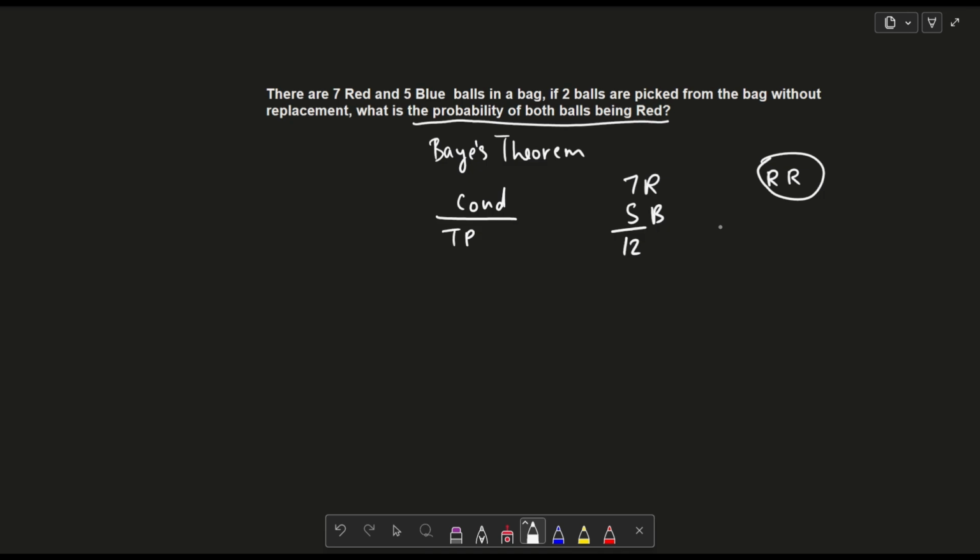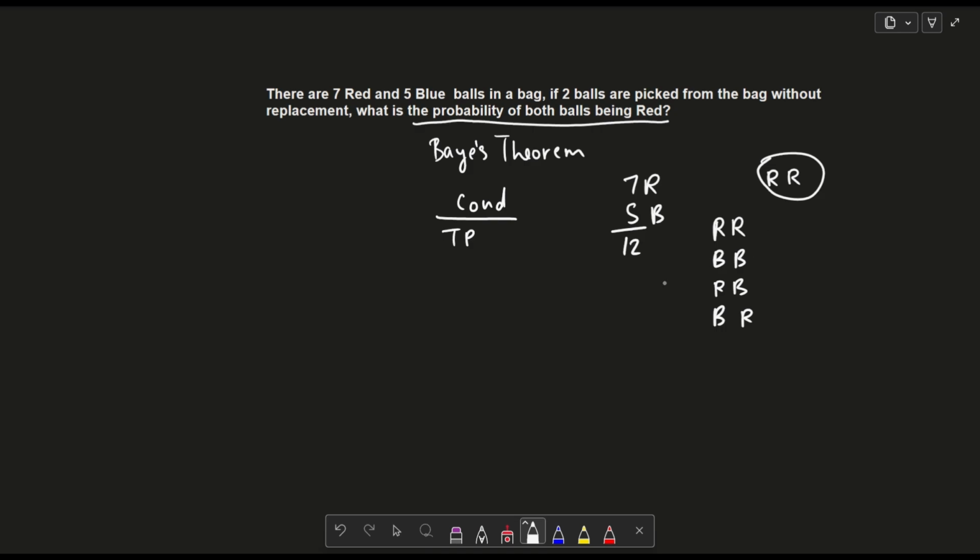And what are the actual possibilities? Okay, so the first probability is that you get both of them red. Another is you get both of them blue, or you get first red, second blue, or first blue, second red, right?